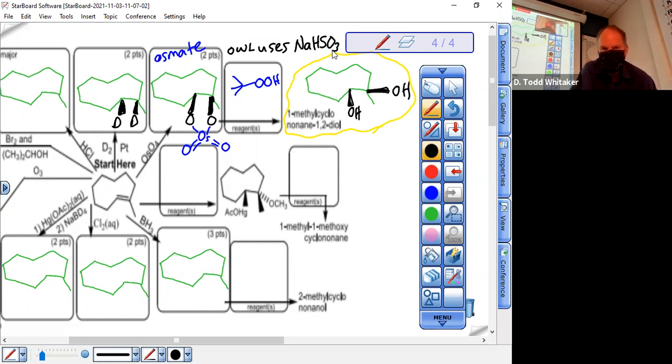Sodium hydrogen sulfite. It does the same job in terms of the overall chemistry of the organic molecule. There you go. So that's a new twist there, osmate ester. Okay, nice.